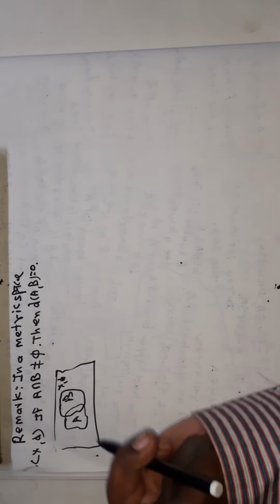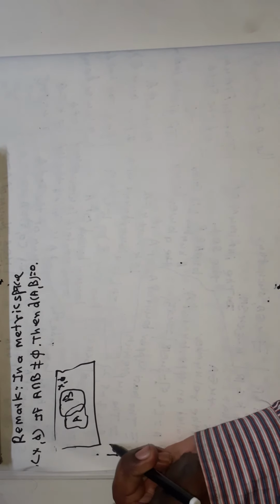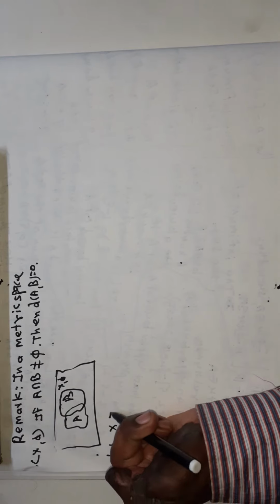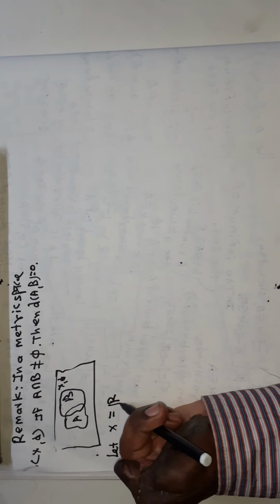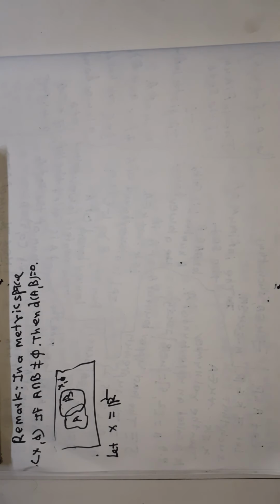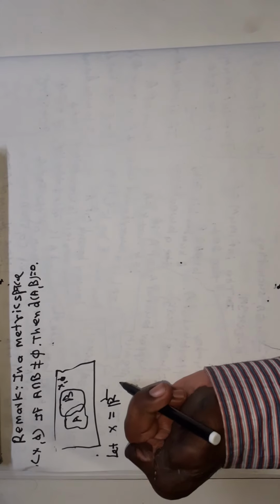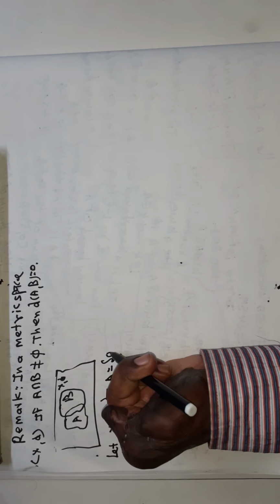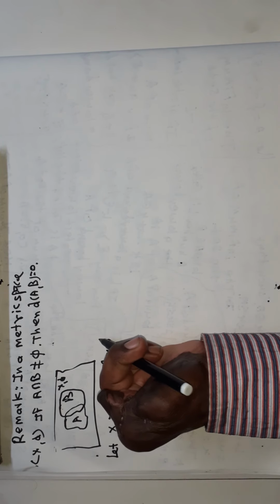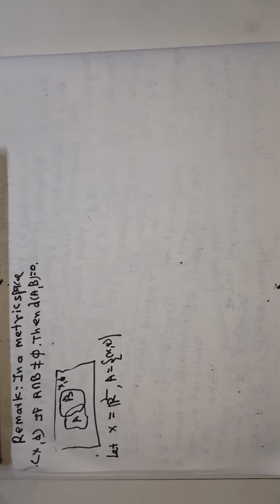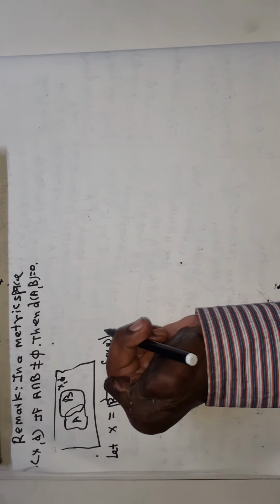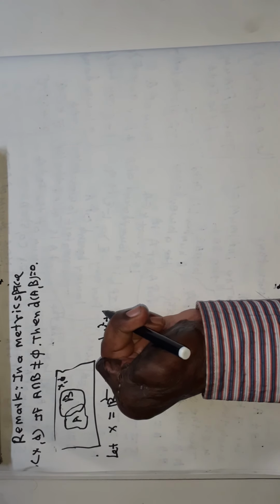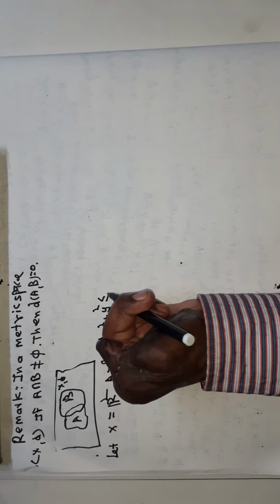Let X be equal to R2. A is the set of (x, y) such that x squared plus y squared is less than or equal to 1.